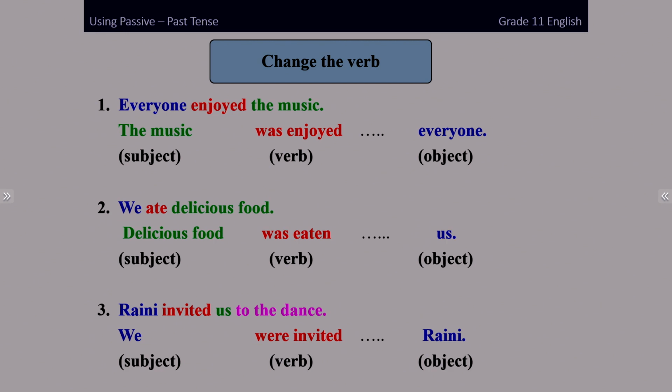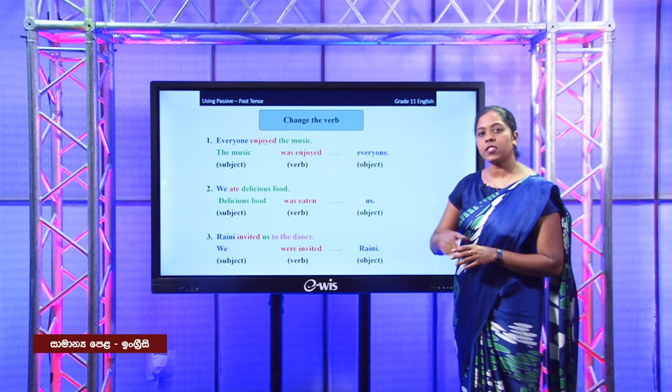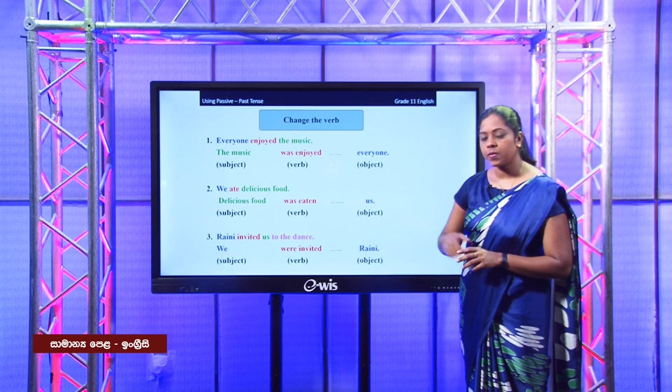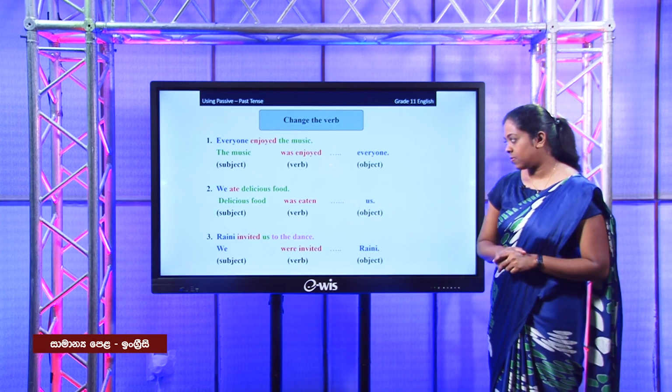And I told you clearly that we must use the past participle form of these verbs in order to change them into passive. And observe the change we have made in the verbs. Enjoyed has been changed into was enjoyed. Ate, was eaten.